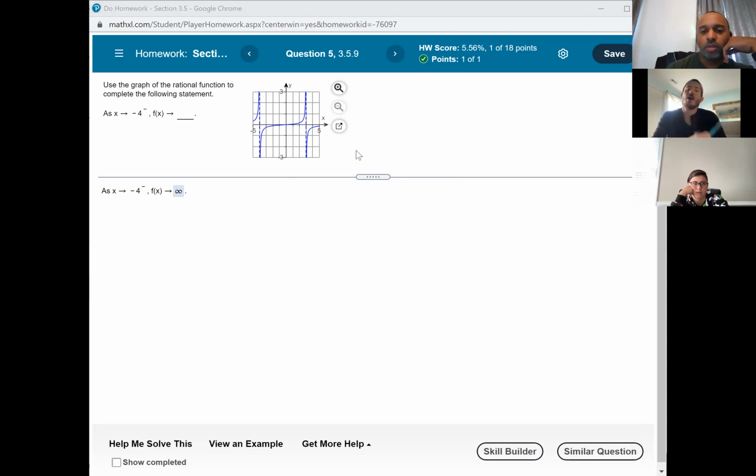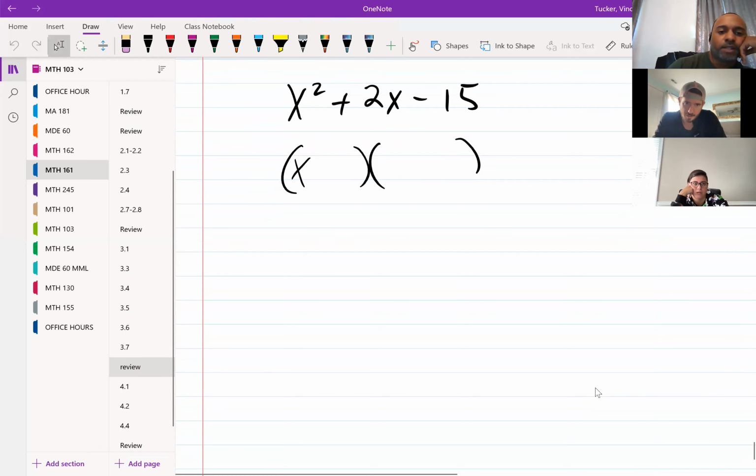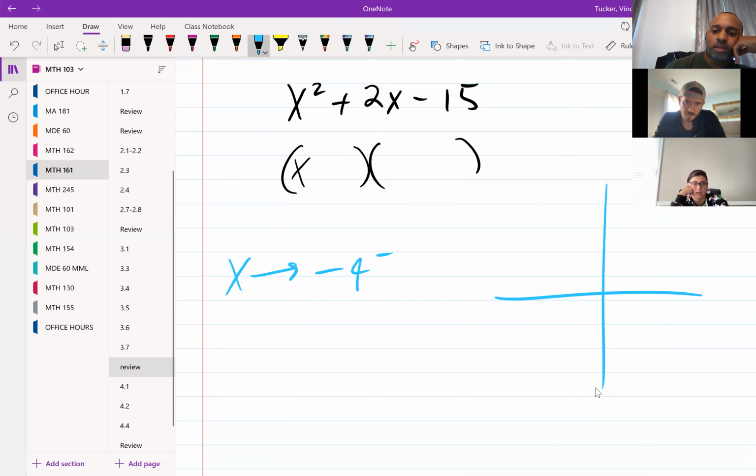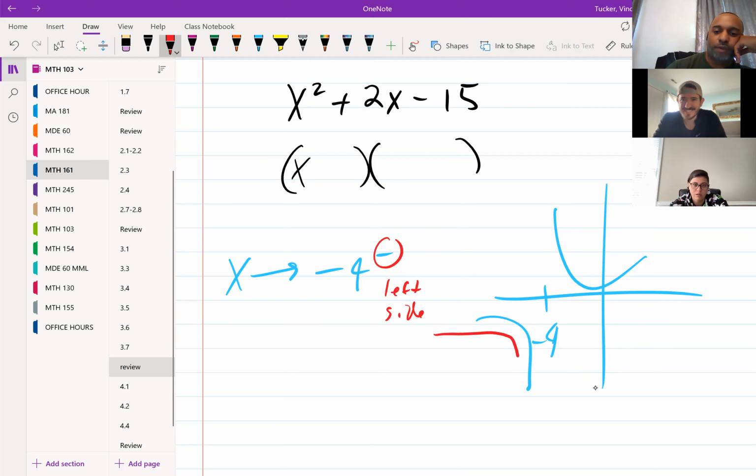Exactly. So, just to reemphasize, -4 is right here. You're going to be approaching, this means left side. So you're going to come this way and follow the graph, and that gives you negative infinity.